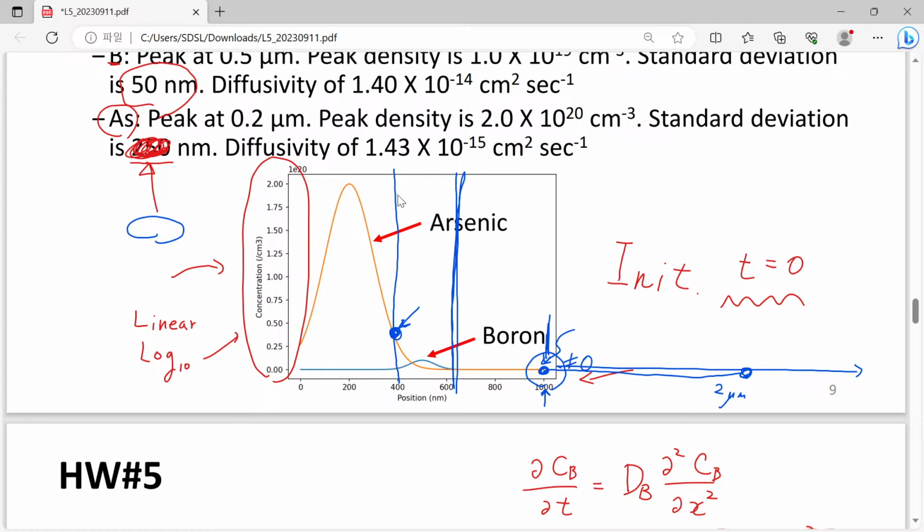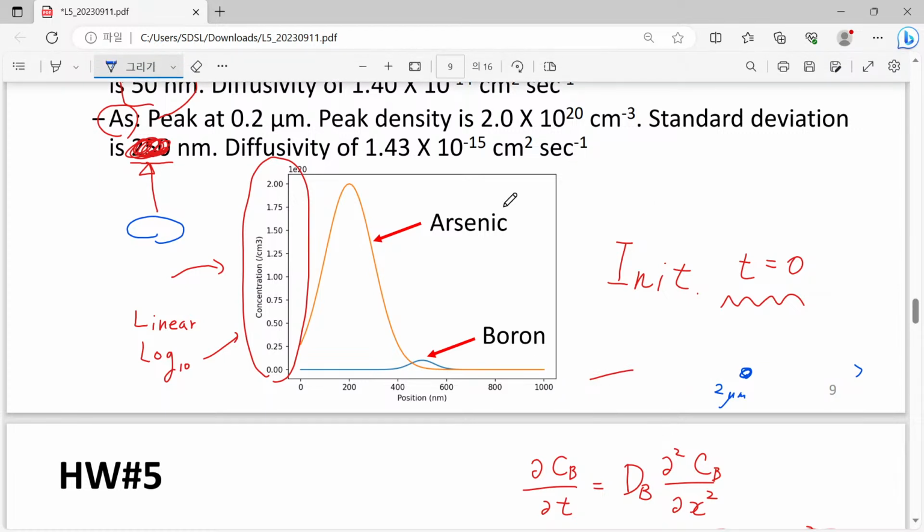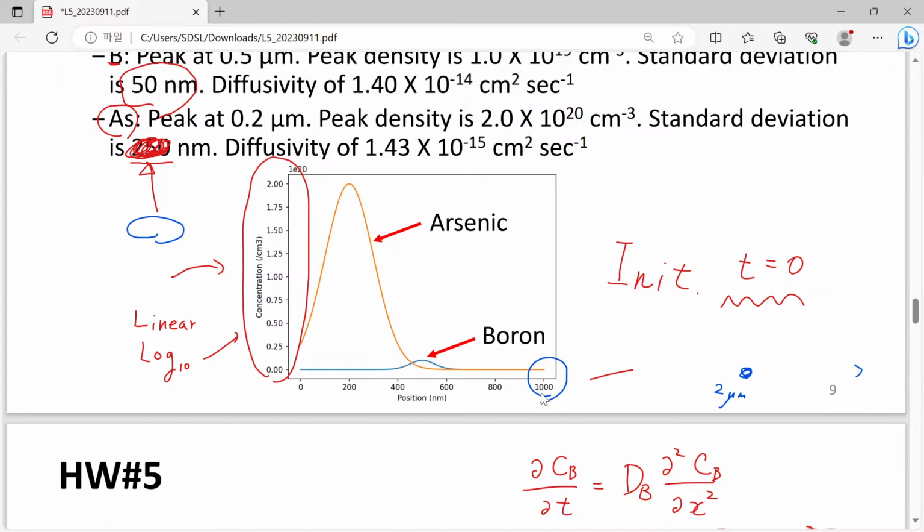So your question was really good and really important, and even in this case, arsenic seems to be expanded up to 1 micrometer. Please check for the accuracy or validity of your solution by expanding your simulation domain. Really good question.